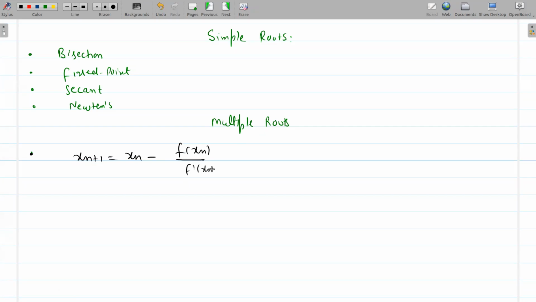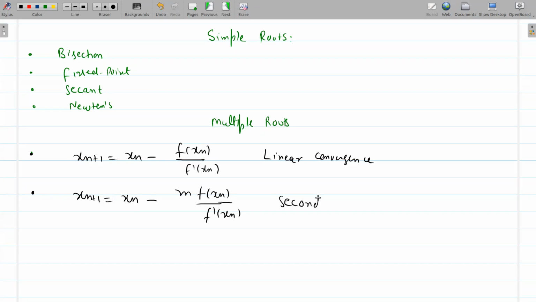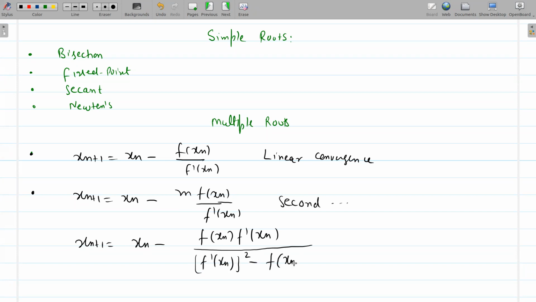You can apply it, but then you get linear convergence, first order. And then we have two modified Newtons. One is this with M. That gives you quadratic or second order convergence. And another one is x(n+1) equals x(n) minus f dash upon f dash x(n) square minus f double dash.